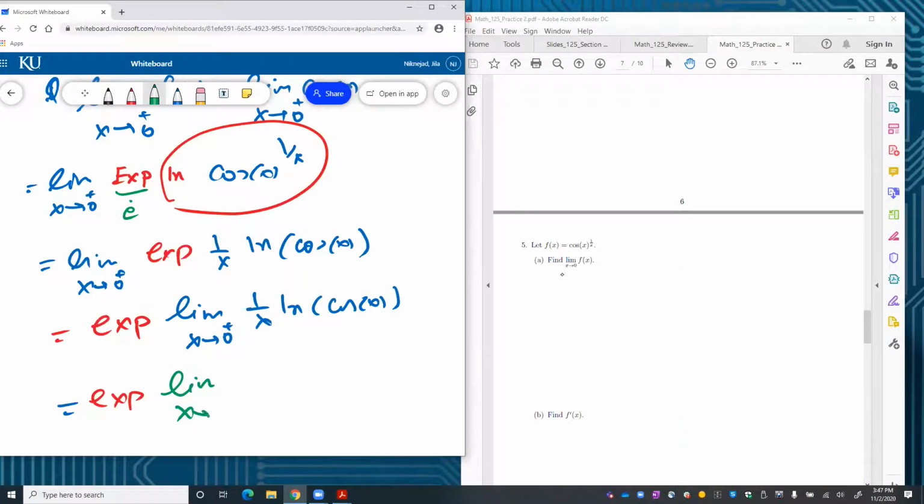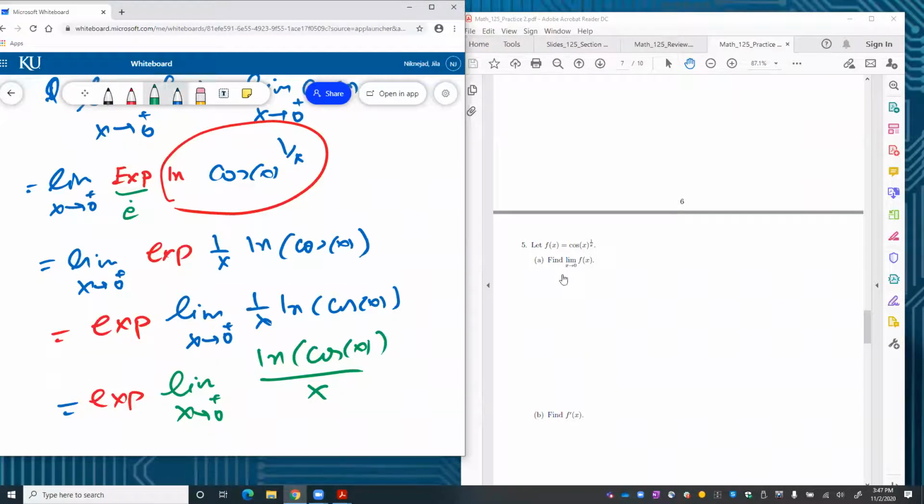The form that L'Hopital accepts is 0 over 0 or infinity over infinity. And at this point, for L'Hopital rule with exponents, you're supposed to end up with infinity over infinity or 0 over 0.